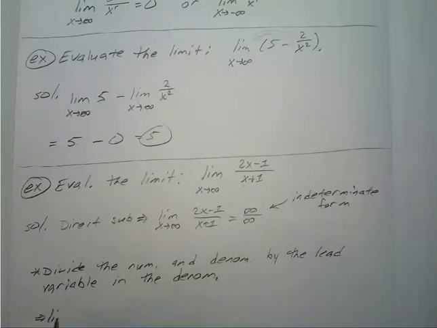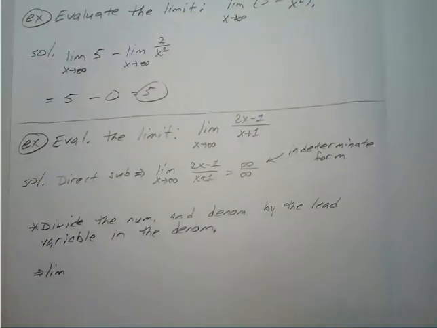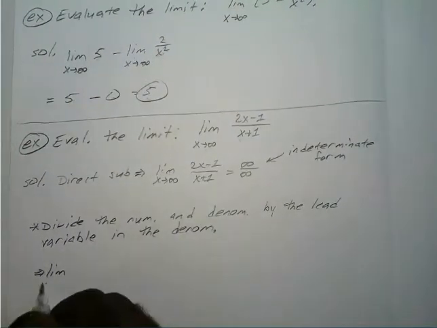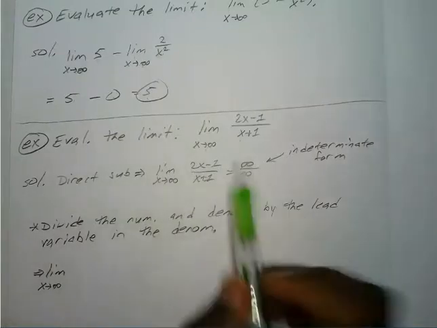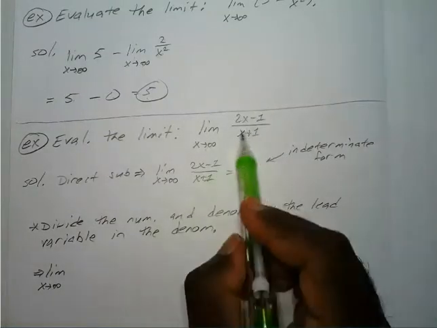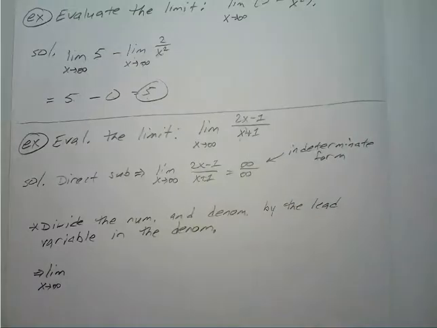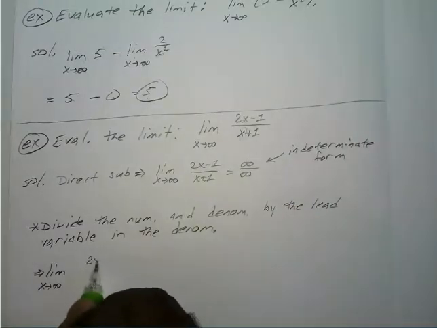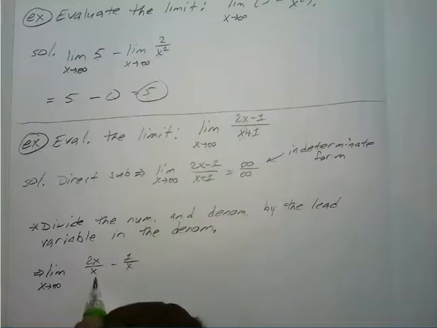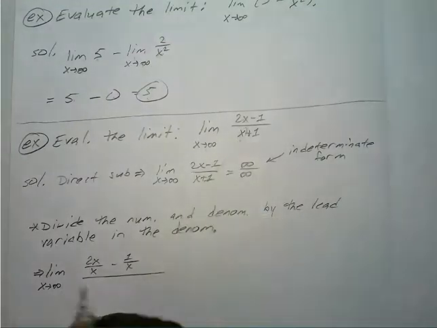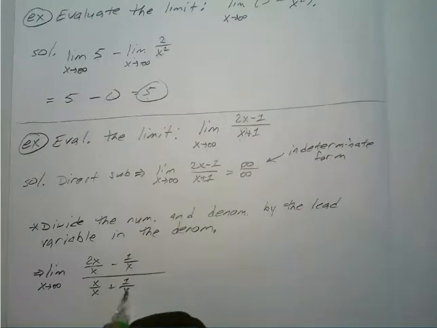So that means the limit as x approaches infinity, we're going to divide each and every term by x. So you have 2x over x minus 1 over x, over x over x plus 1 over x.